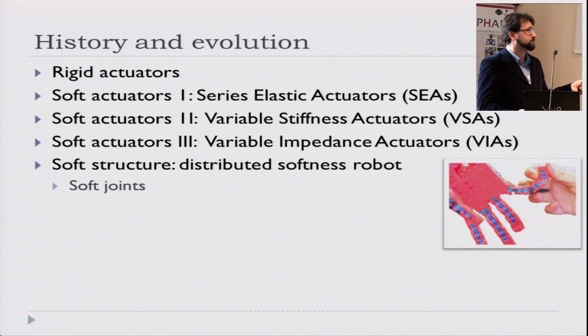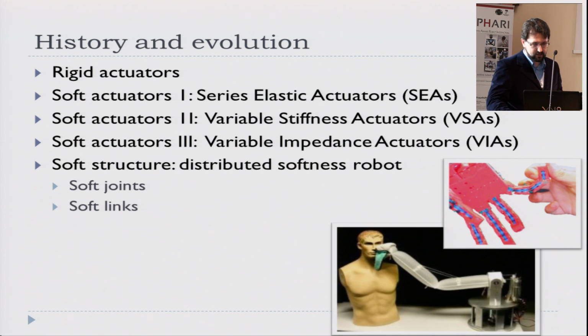It's continuously flexible. So it's not simply an elastic joint as a series elastic or a variable stiffness joint. Or you can have robots which have soft links, for example, like this one, in which, in first approximation, you could say that these are rigid joints, but the robot itself has a flexible structure.